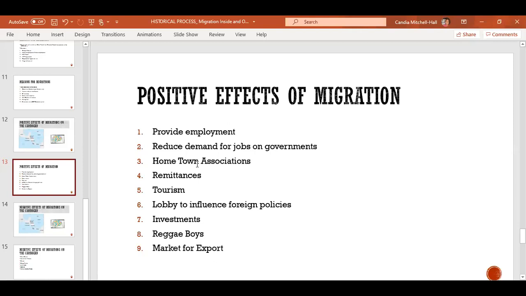You have some girls from St. Andrew High School who leave St. Andrew and migrate to Atlanta. They form the St. Andrew High School Old Girl Association of Atlanta, the Jamaica College Old Boy Association of Atlanta, right? Or Florida or New York. And you have all of these different hometown associations.